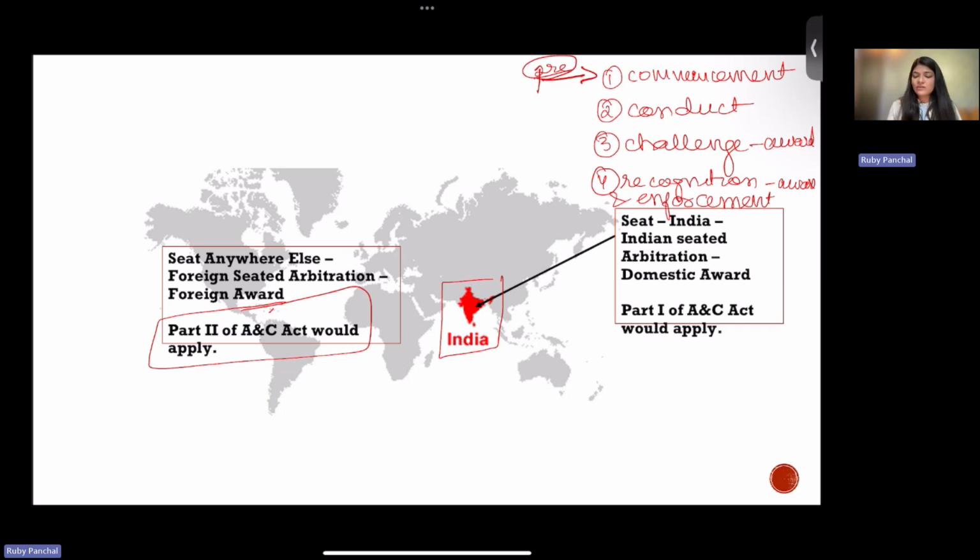How to file for interim reliefs when your arbitration has already begun. So all the issues that might come up during an arbitral process might be governed by these legal provisions. The third one is challenging of an award.